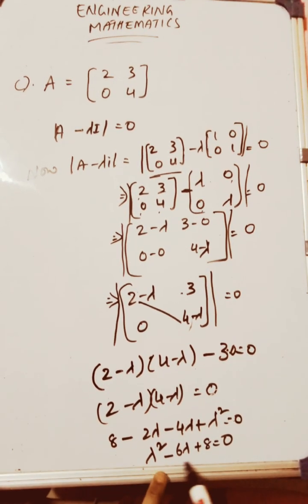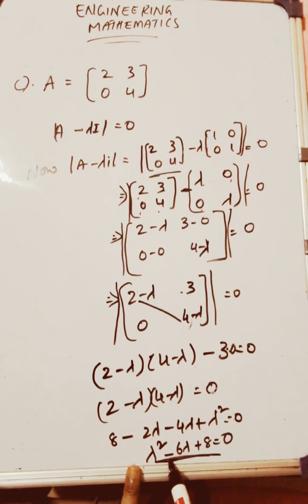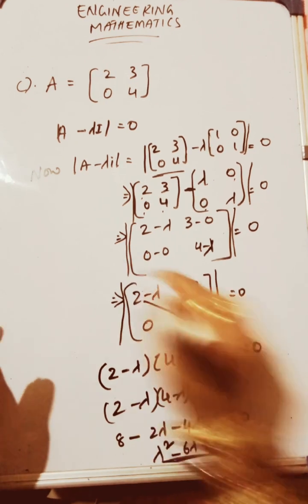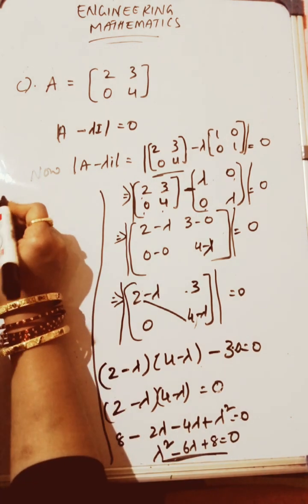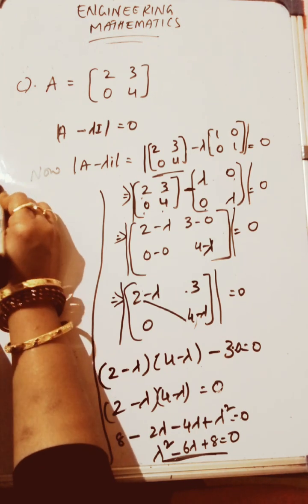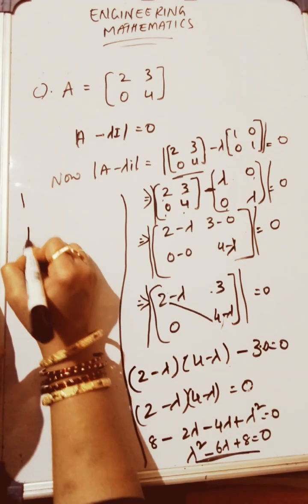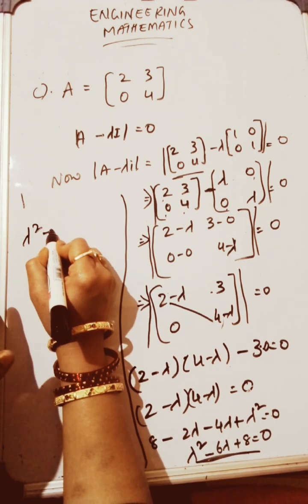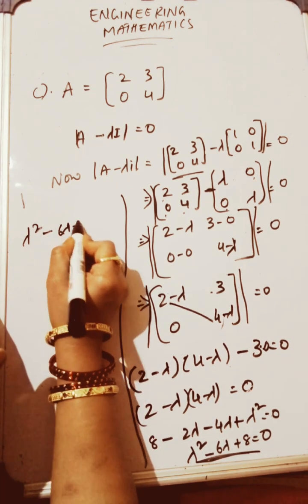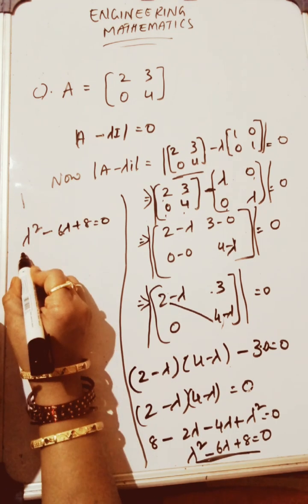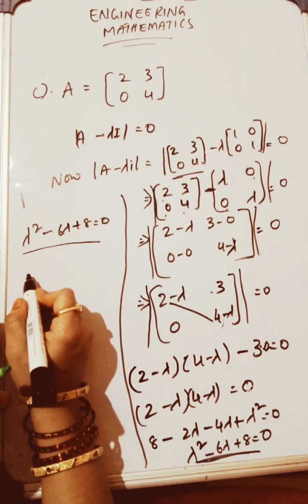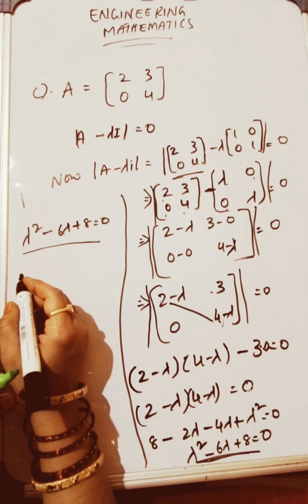Till here we found the characteristic equation, but in the question they ask us to find the characteristic roots. The value for this is lambda square minus 6 lambda plus 8 is equal to 0. It is the required characteristic equation.